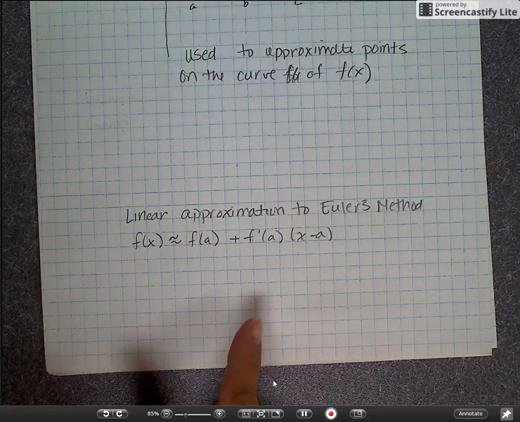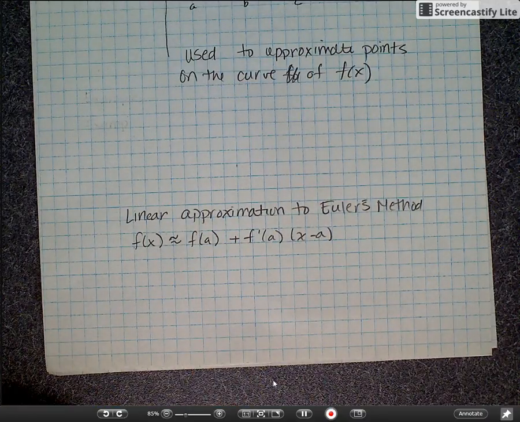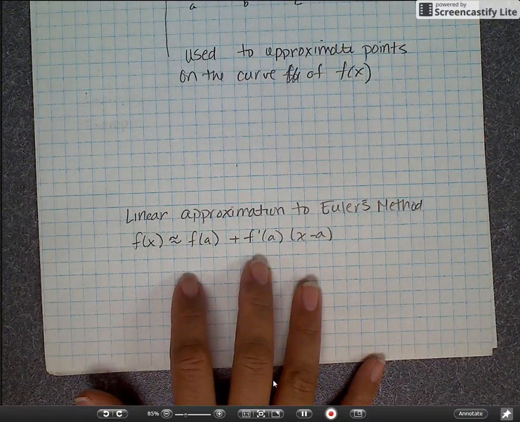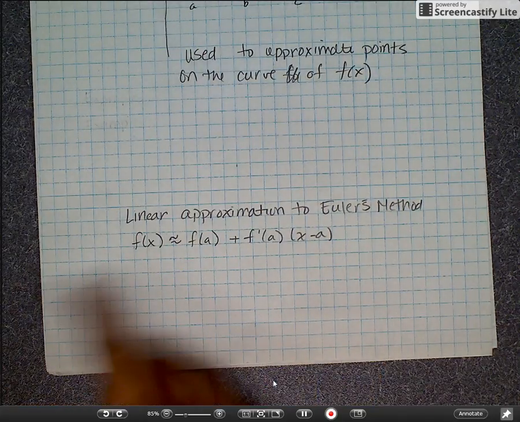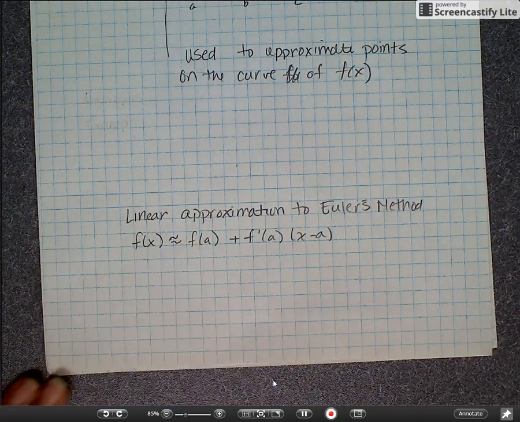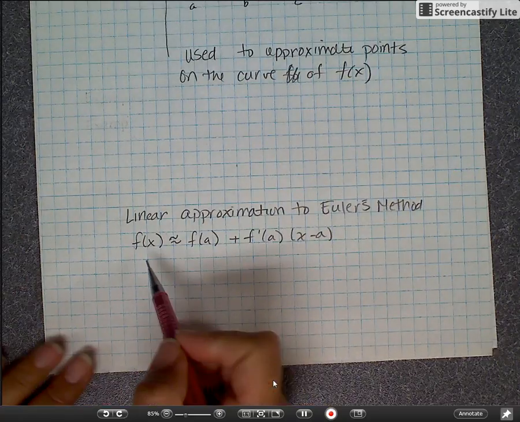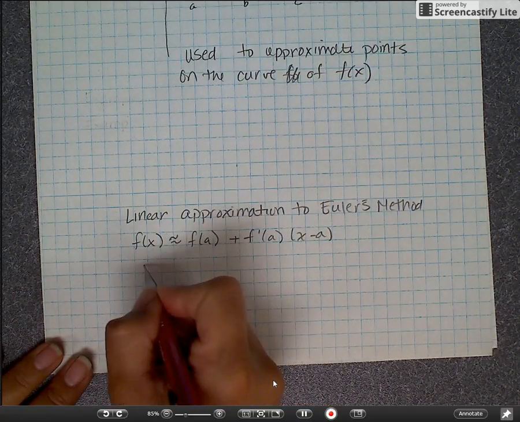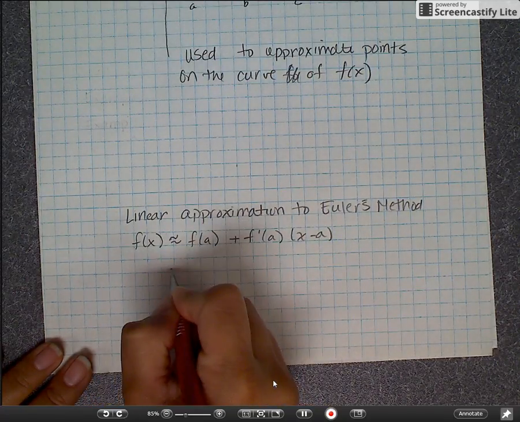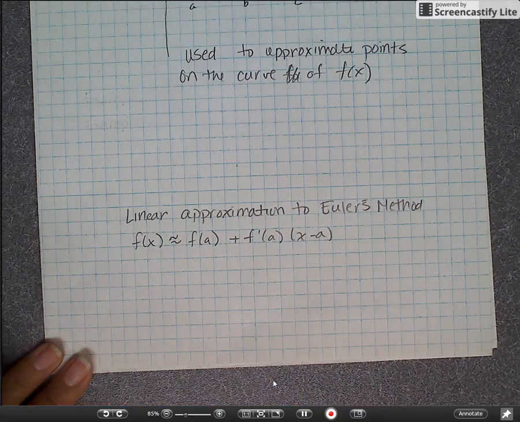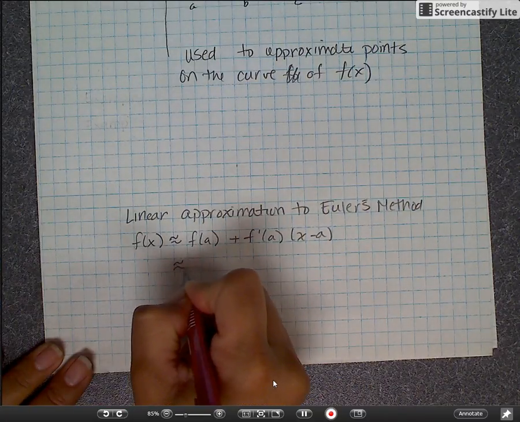Euler's method is essentially the same thing as linear approximation. We're just going to use a little different notation, okay? So let's say I want to find out a point, okay? Now, instead of saying, if I want to find out f of x, I can say, well, it is approximately equal to.